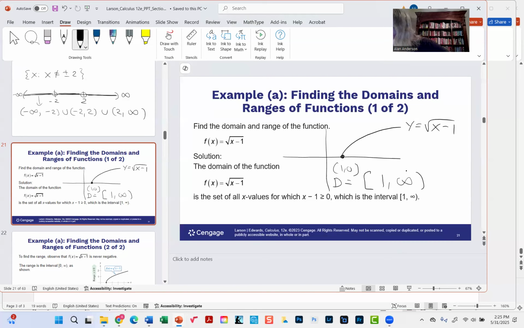Everything above that is fine. We are leaving out anything that's smaller than positive 1. Now, as far as the range goes, you can see that whatever comes out of the square root sign cannot be negative. So the range is everything from 0, including the 0, up to infinity. Okay, so that's how that's done.